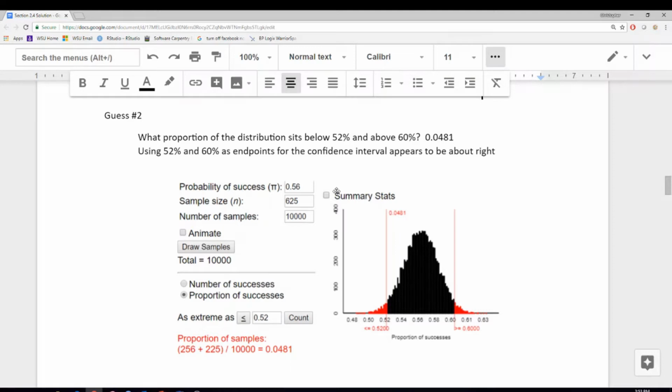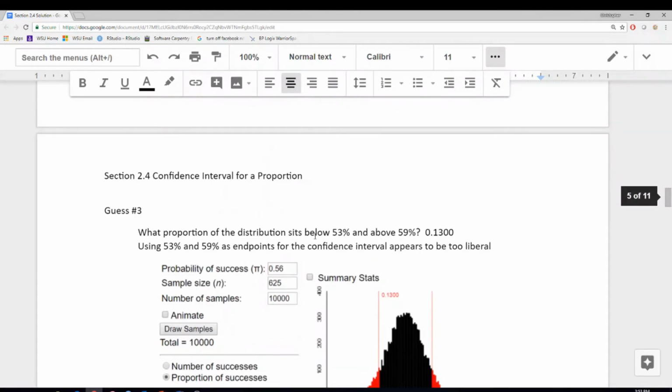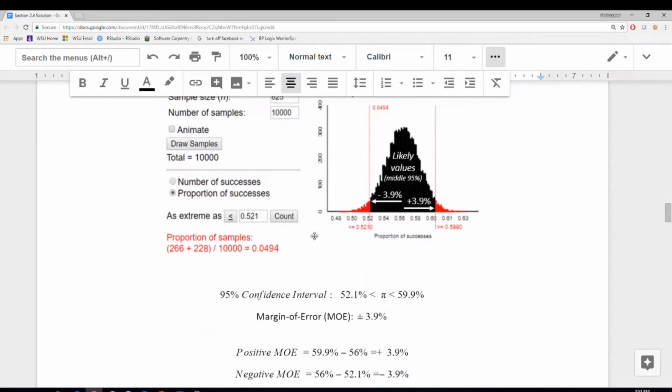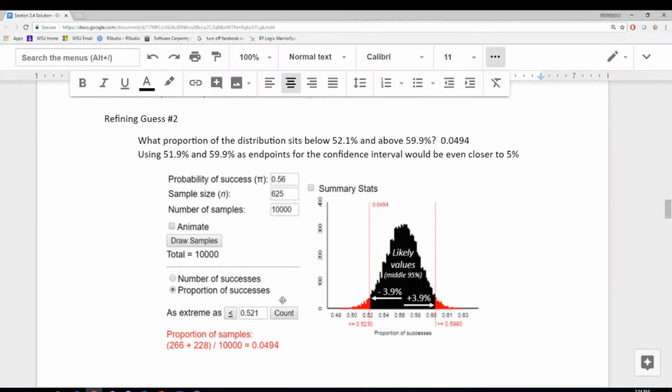Now we can actually refine this a little bit more if we wanted. So let us consider guess number 4 here. In guess number 4, I went ahead and just inched up that lower endpoint a little bit more. Instead of 52% here, I put 52.1% in the box.